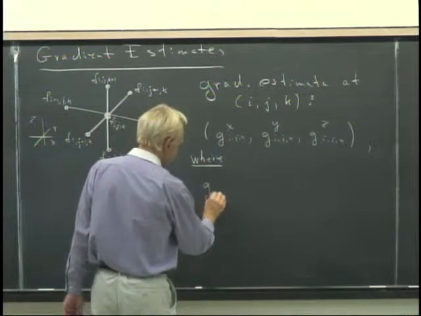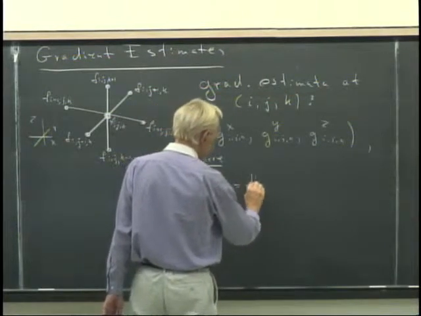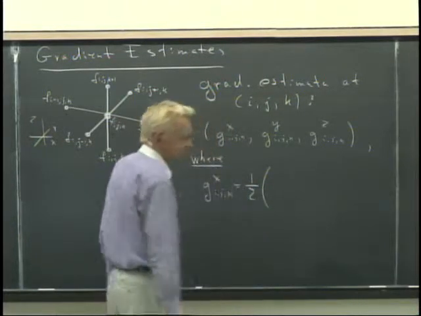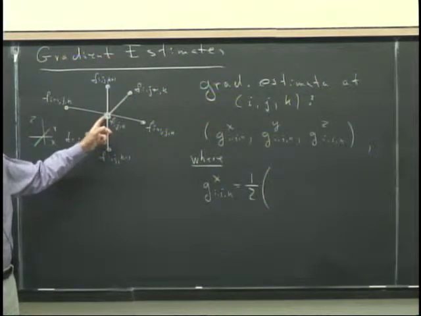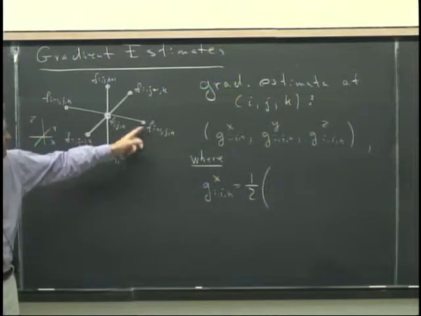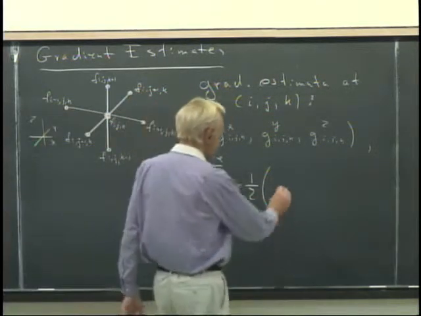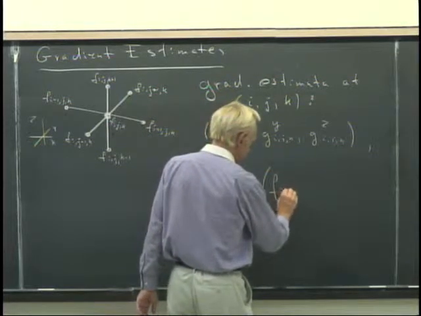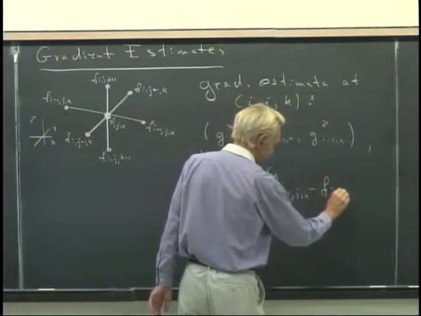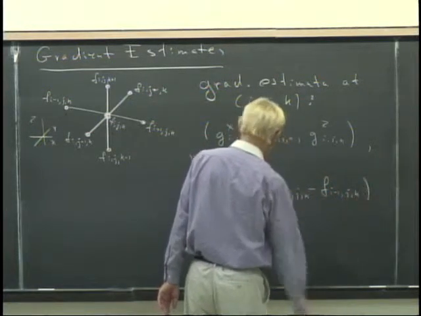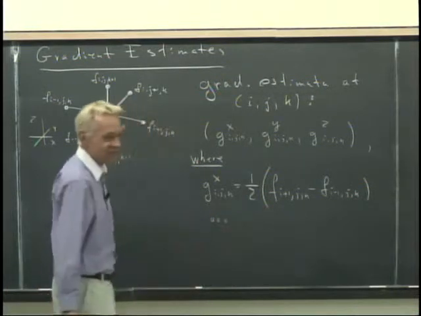Where G ijk x equals 1/2 times something. Remember that? The derivative in x is right neighbor minus left neighbor divided by 2. So this is the right neighbor function value fi plus 1 jk minus left neighbor fi minus 1 jk. I do not say what gy is.